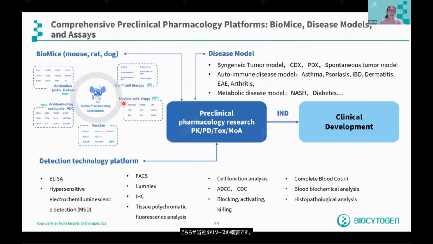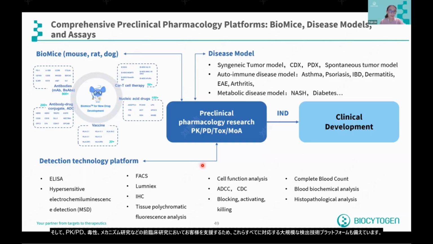So that's the summary of our resources. We have BioMice resources, like a lot of humanized mice and different kinds of immunodeficient mice. We have rats and dogs. We have different kinds of disease models, including tumor models and autoimmune disease models.